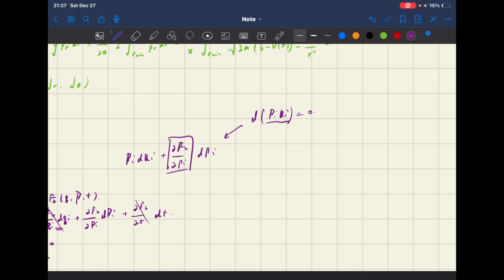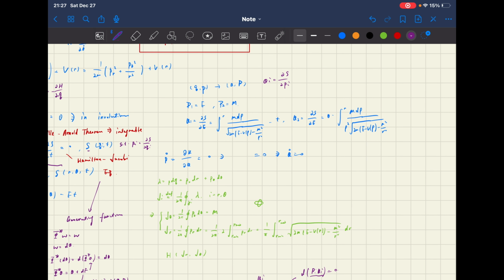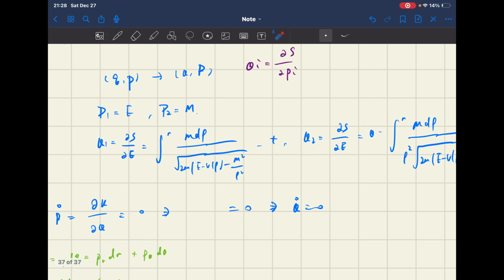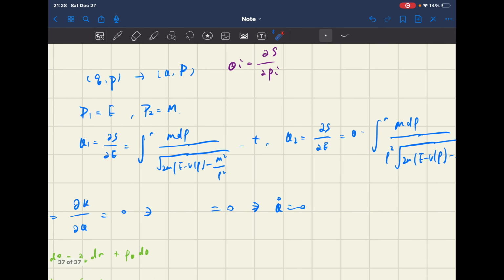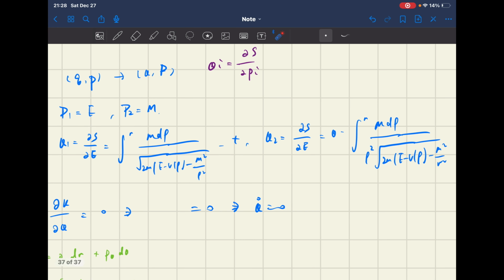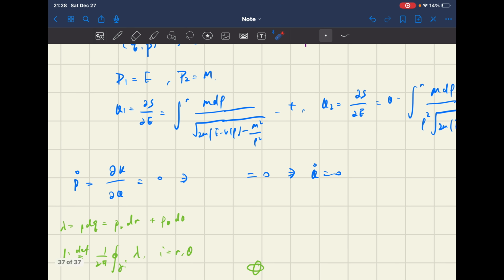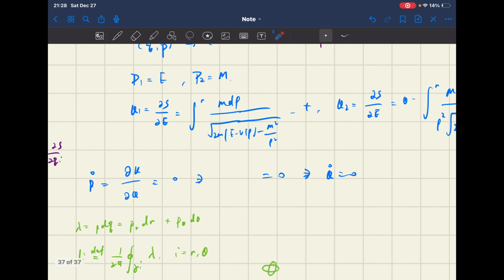To satisfy that, this must be equal to big Q_i. So here we have already obtained it, and with the expressions for S, P1 and P2, we can then calculate by taking the partial derivative to obtain the expressions for Q1 and Q2. You obtain some expressions that are kind of disturbing, but actually very useful.